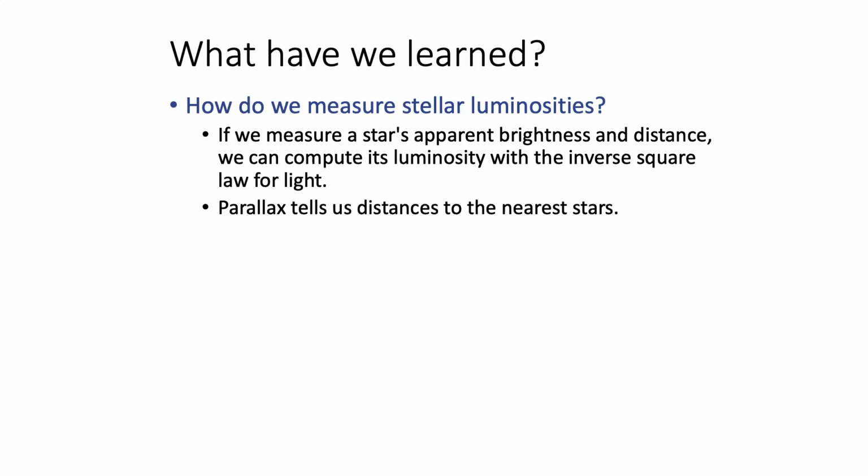You know, we can get an idea of a star's absolute brightness. Right, and we can also use stellar parallax to determine how far stars are from us. Right, so we're able to calculate how much the stars shift with respect to the distant background stars.